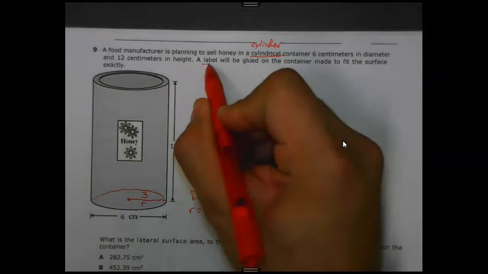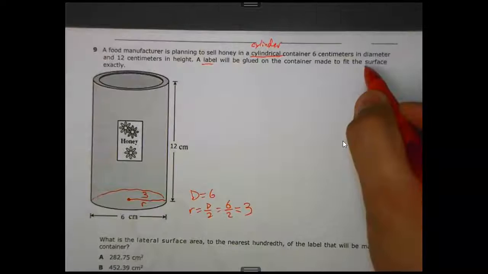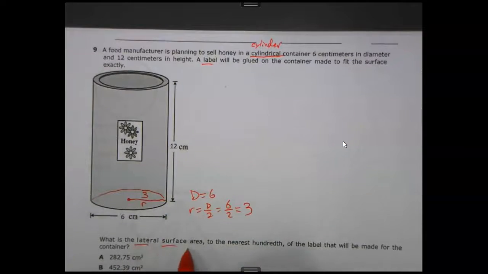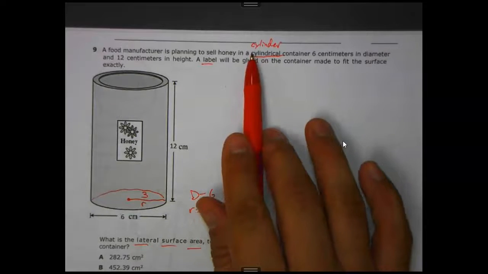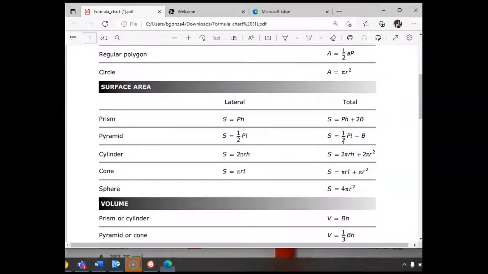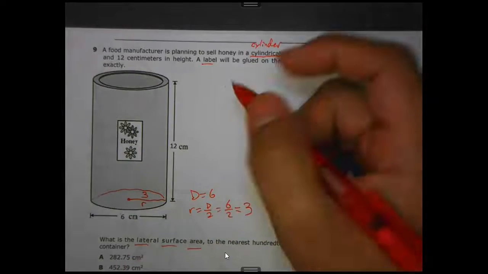And then the height is 12. A label will be glued to fit the surface. Okay, lateral surface area. What is the lateral surface area formula for a cylinder? The lateral surface area of a cylinder is 2 pi RH. So let's do that.